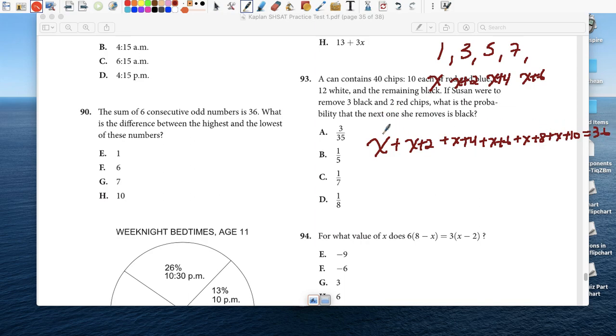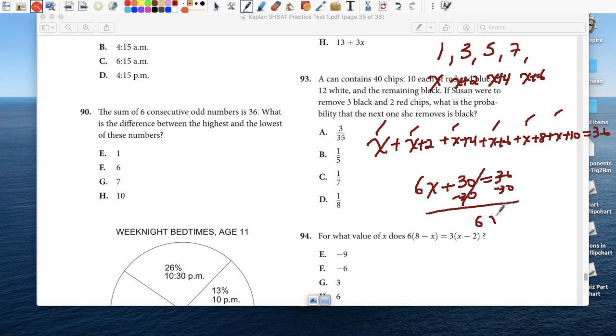So we just combine like terms, we have 6x. 2 plus 4 is 6, 6 and 6 is 12, 12 and 8 is 20, and 20 plus 10 is 30. Subtract 30 from each side.